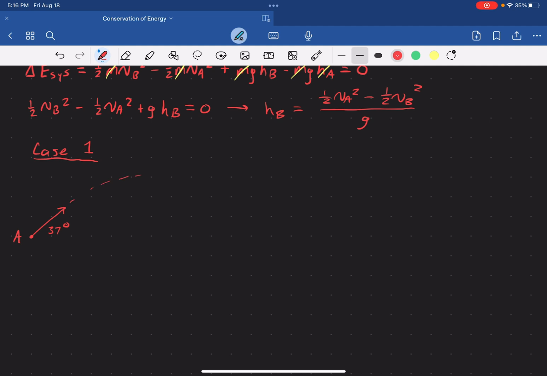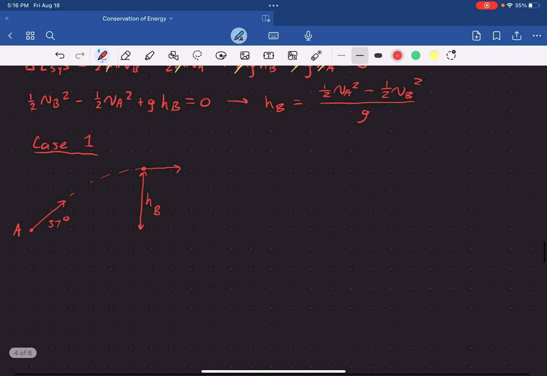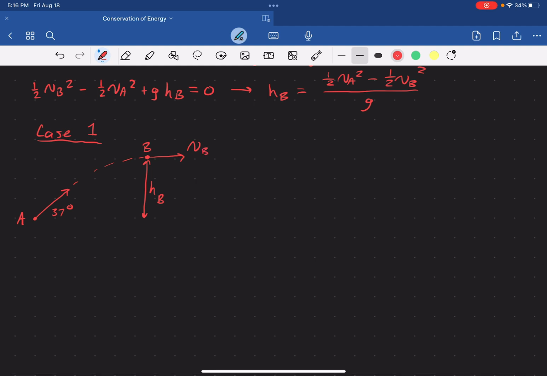And it goes up till it reaches its max height here. And at this point, this is point B, its velocity at point B is completely horizontal.